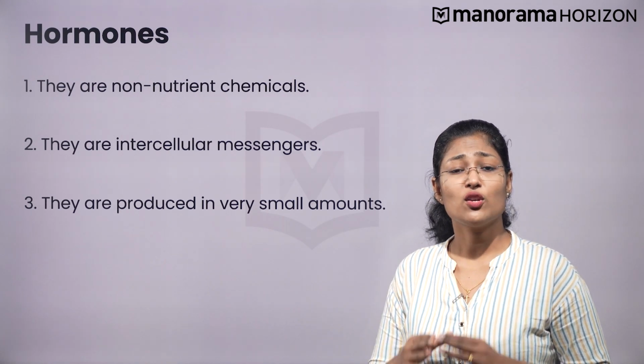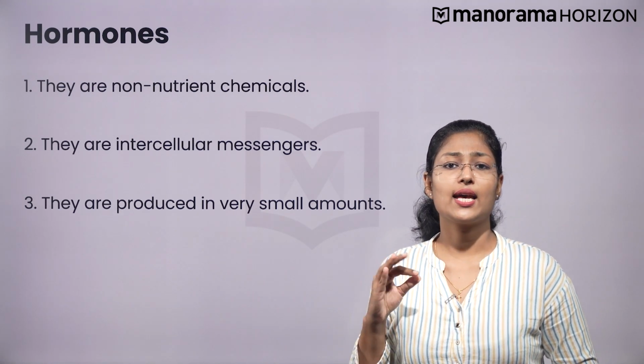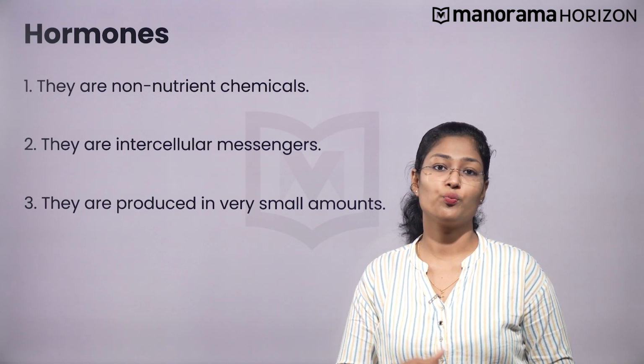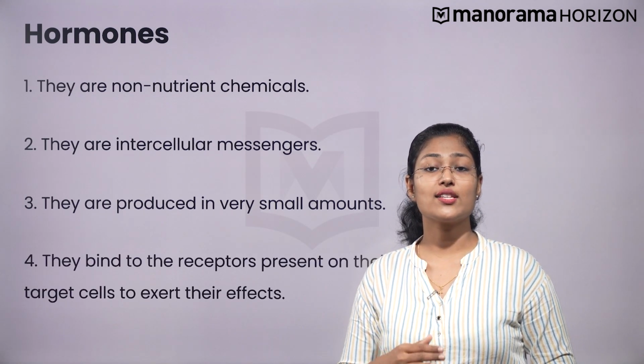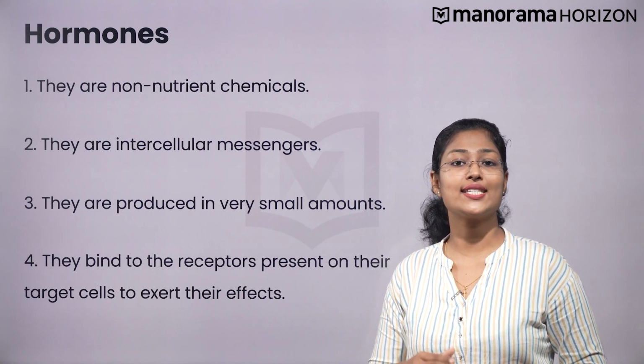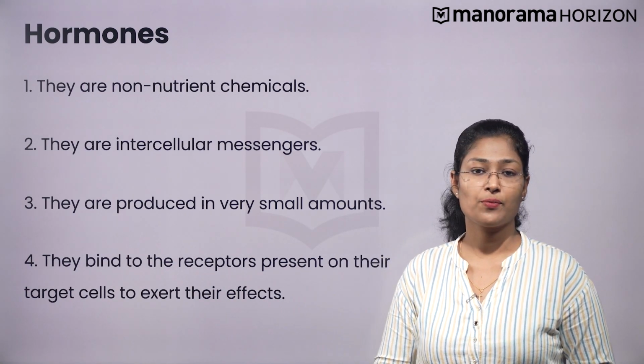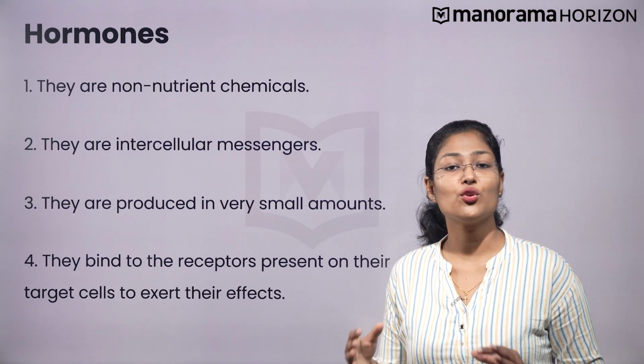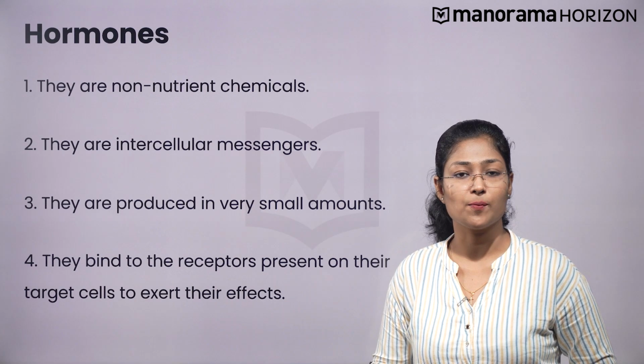They are produced in very small amounts, and the amount of a typical hormone present in the bloodstream is very low. They bind to the receptors present on the target cells to exert their effect. And this feature of hormones is similar to that of the neurotransmitters of the nervous system.